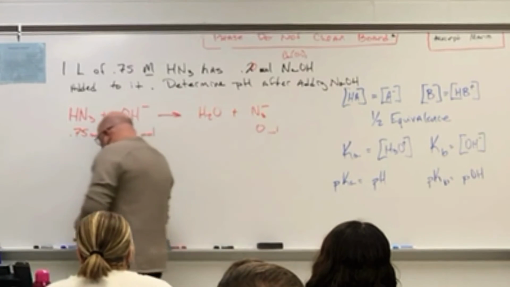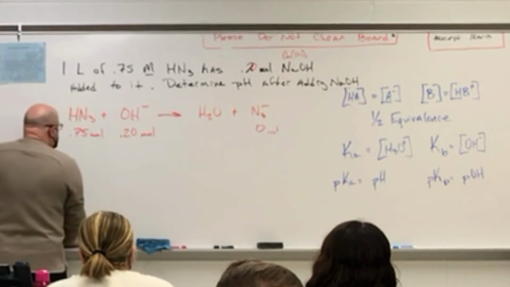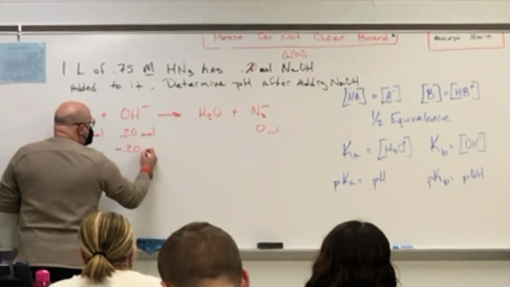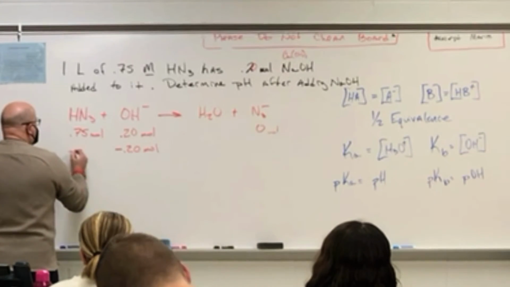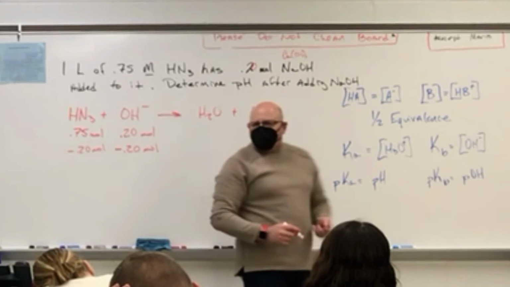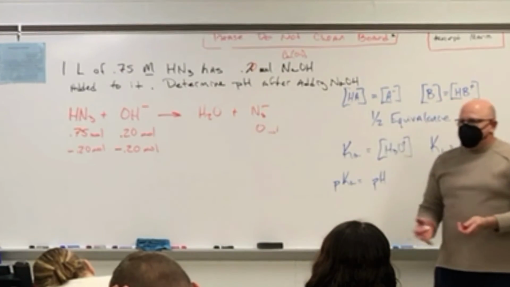Now, we know that this is going to react completely. So if this is our limiting reactant, it's all going to go away. In this RICE table, we know the change.